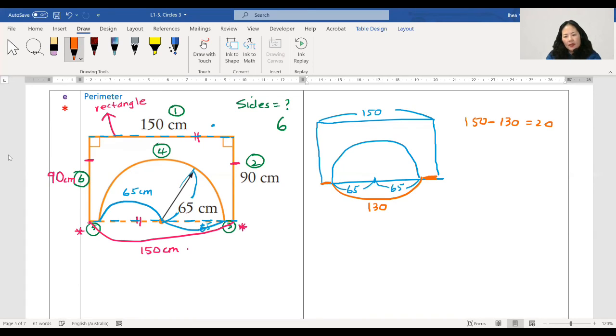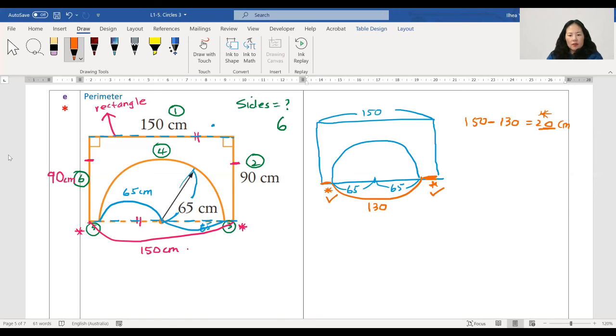So if I add this one and this part, I will get 20 centimeters. Okay, so I don't really need to know individually what this one is or what that one is, because I know the total will be 20.